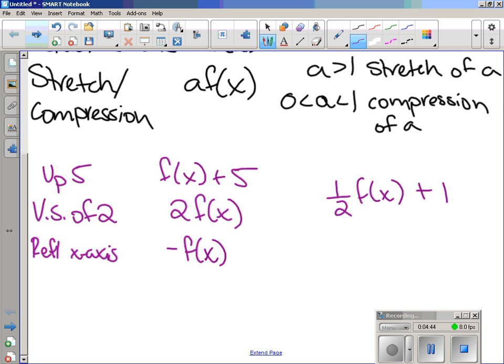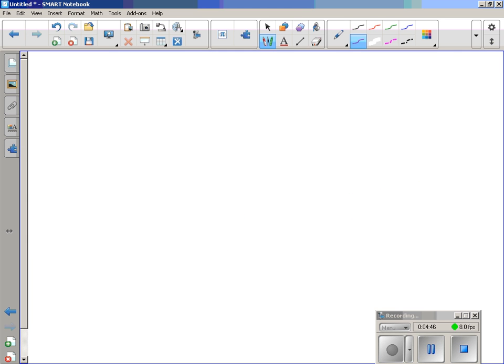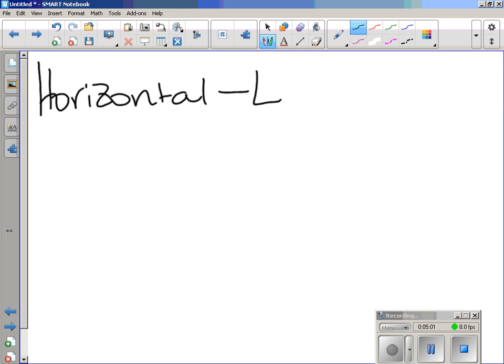So let's talk about horizontal transformations. Horizontal transformations can get tricky. Whenever you think of horizontal, I want you to think liar, because when we write it in function notation, we don't write it the way we would think.